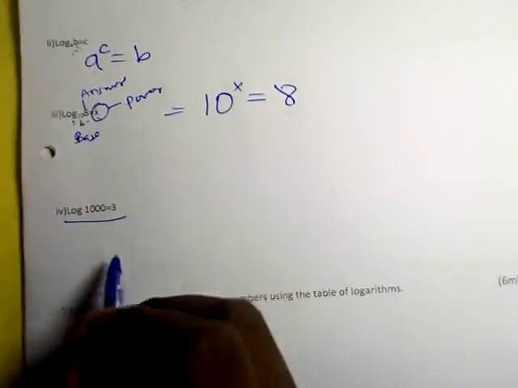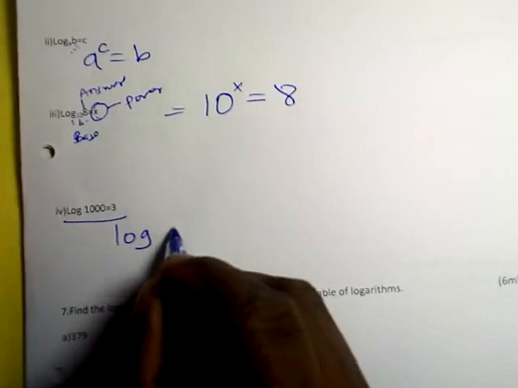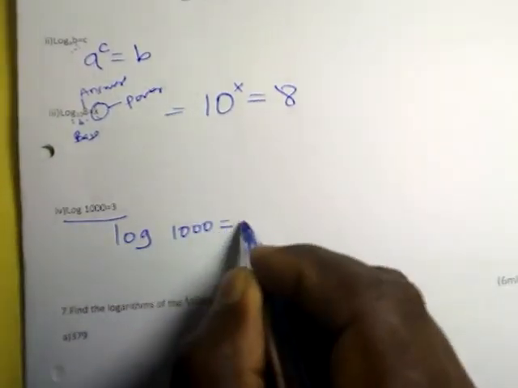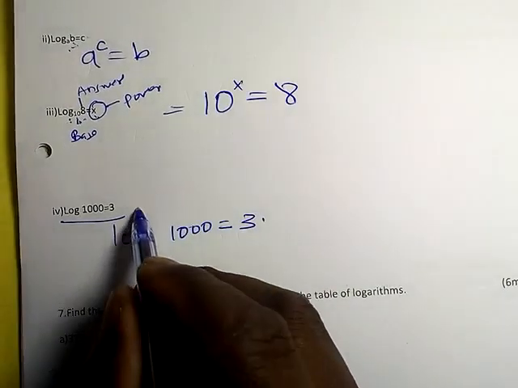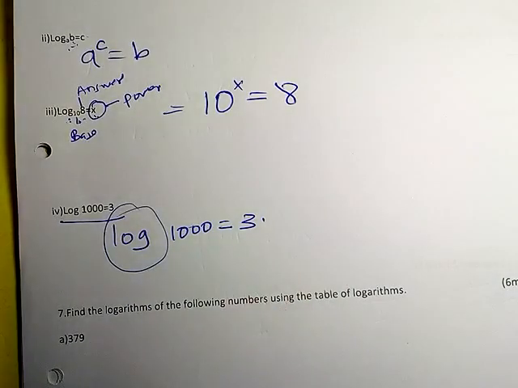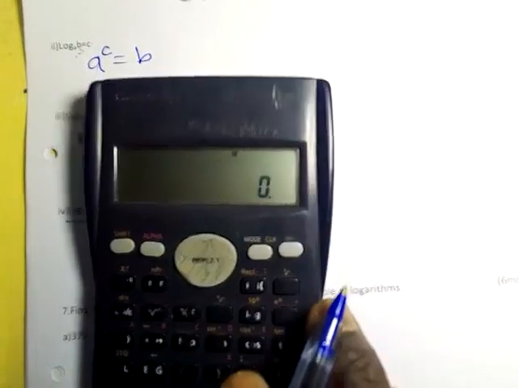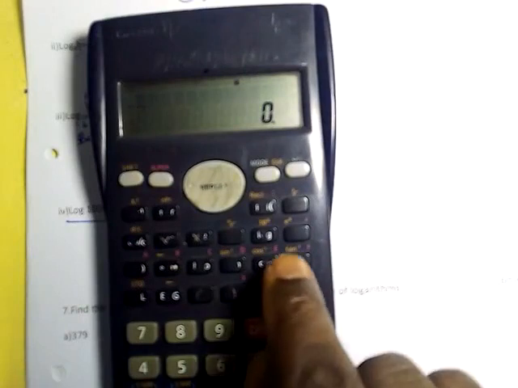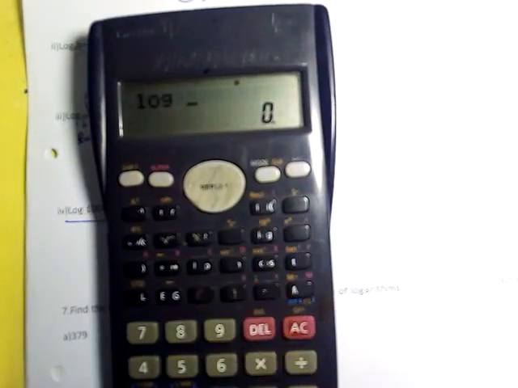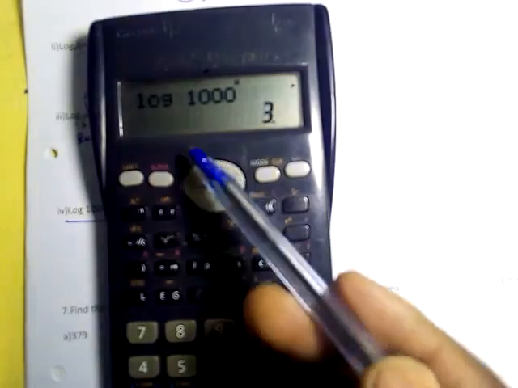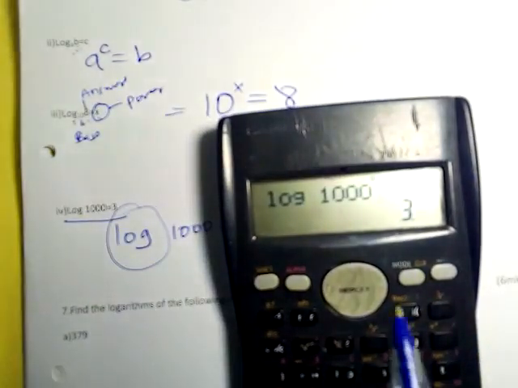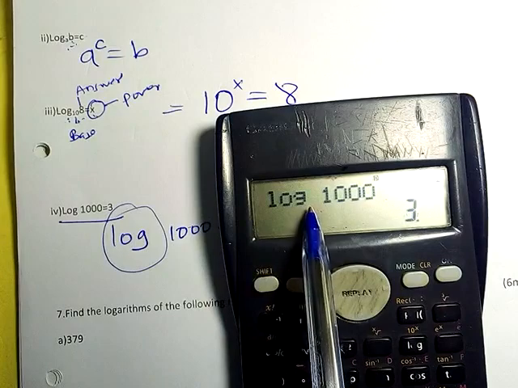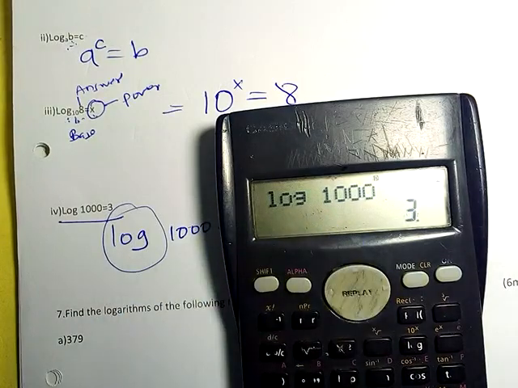Now you look at this one. It is just log 1000, the answer is 3. When a log is just written like that, if we place log 1000 on the calculator, you will get the answer 3. So log without any base is always to base 10.